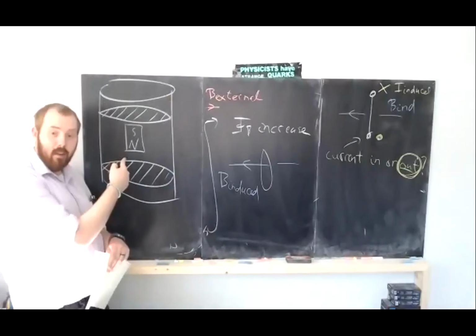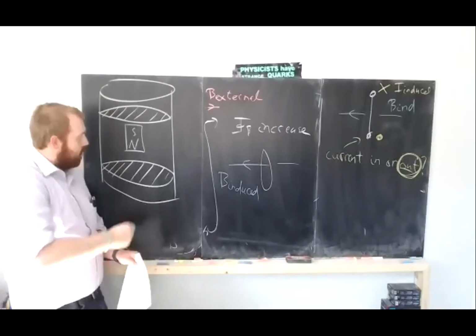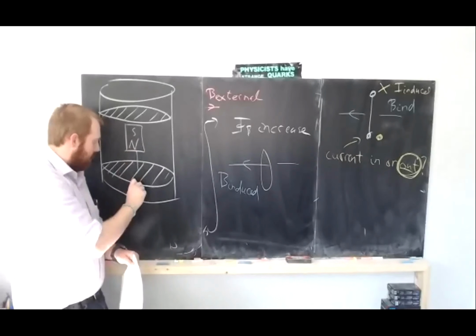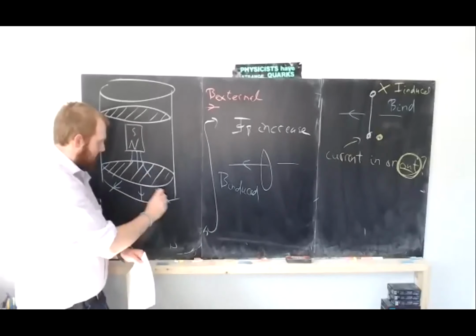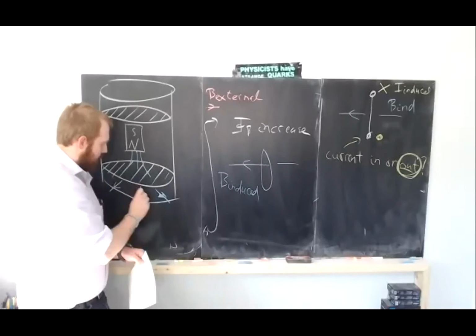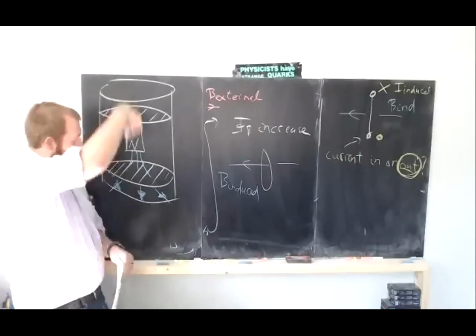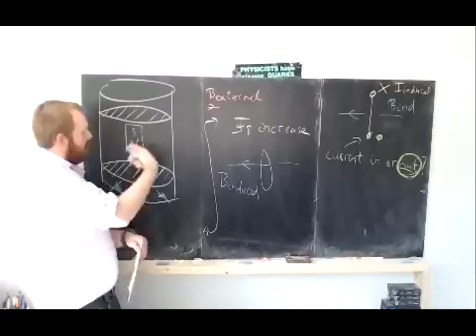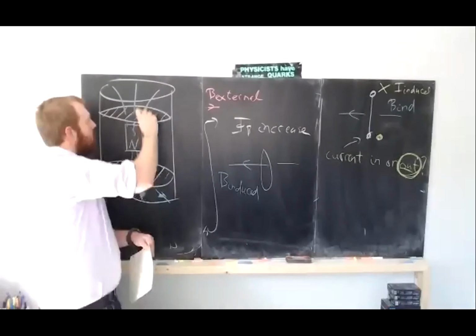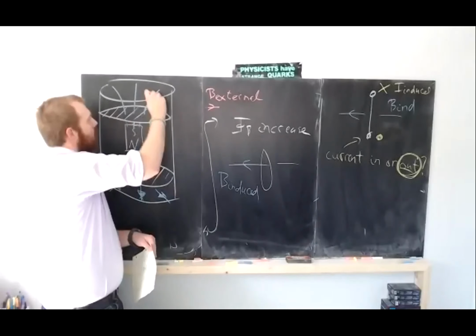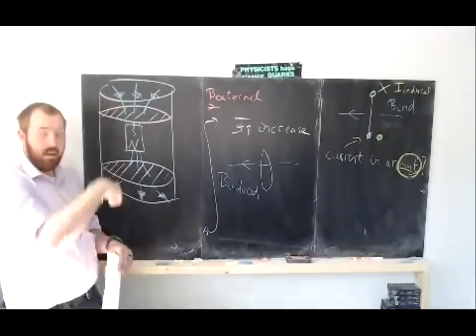So, magnetic fields come out of the North Pole into the South. So as this magnet's falling, it's doing this. Gotta make these arrows a bit clearer. So it's coming out. And then on the other side, coming in, right?